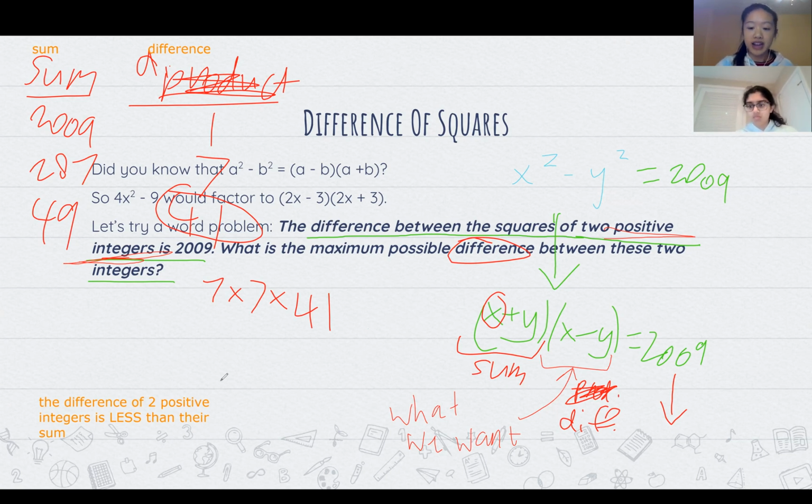So the maximum difference is 41, and that would have to be our answer, because otherwise, if we kept going, x and y, one of them would become negative. So the sum has to be greater than the difference.